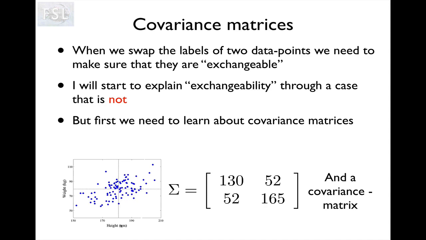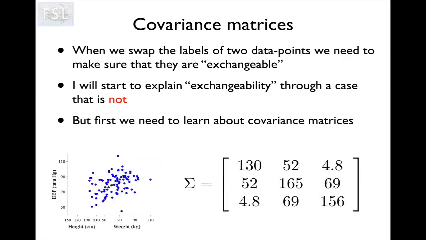But if we already know what the height is, let's say we know that it's 190 centimeters, then the uncertainty in the weight is already a lot smaller than if we didn't know the height. So you could say that by knowing the height, the observation of the weight is now worth less, i.e. there is less surprise left for us in that observation.